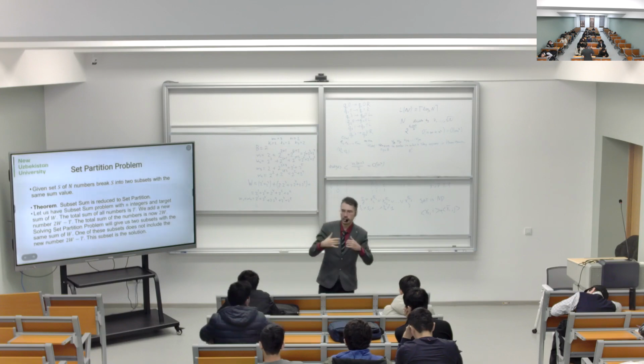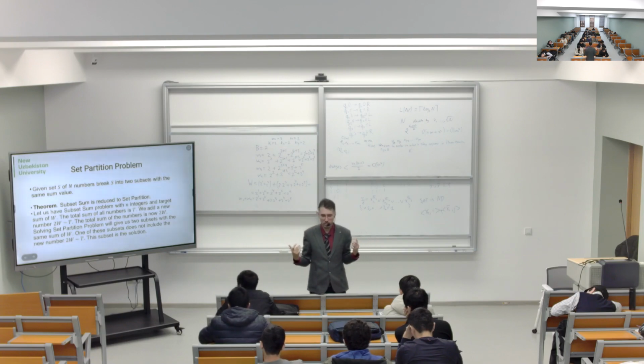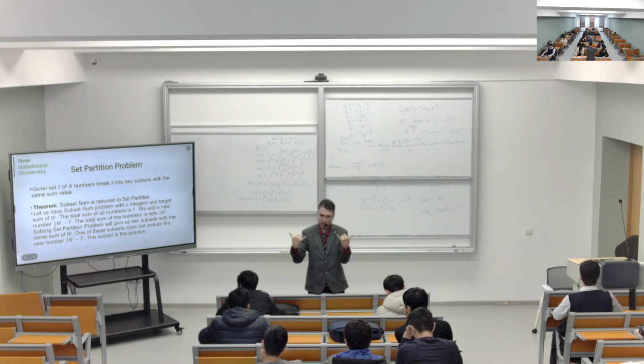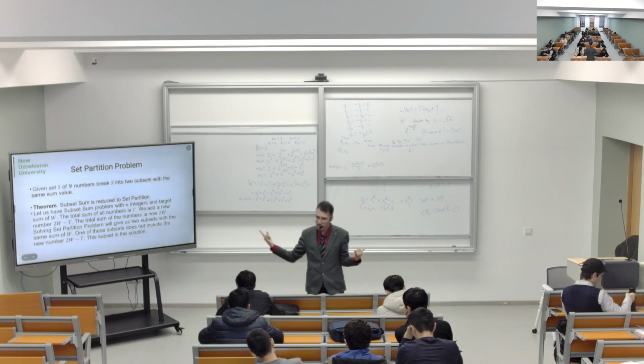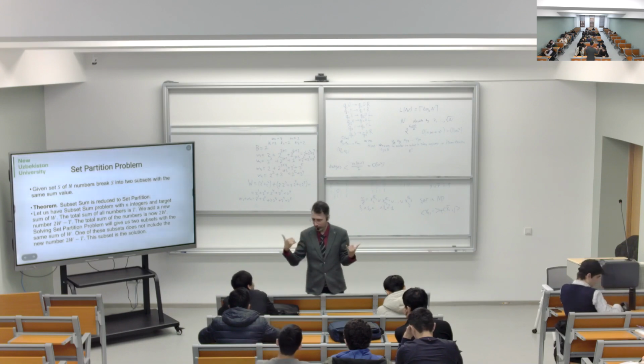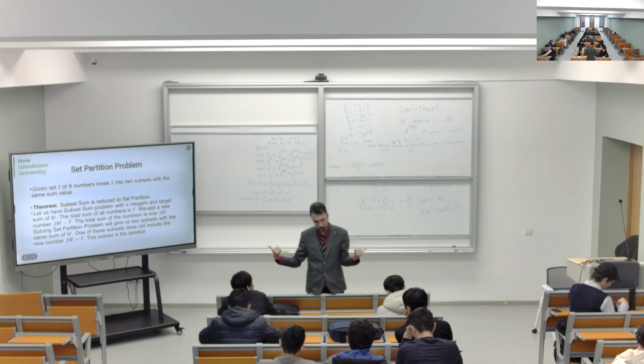How many partitions do we have? 2. We have one subset that has sum of w and another subset that has the sum of w. Yes? So we have 2 subsets that do not intersect. This one w, this one w. And the number we added is only 1, it can be either here or here.